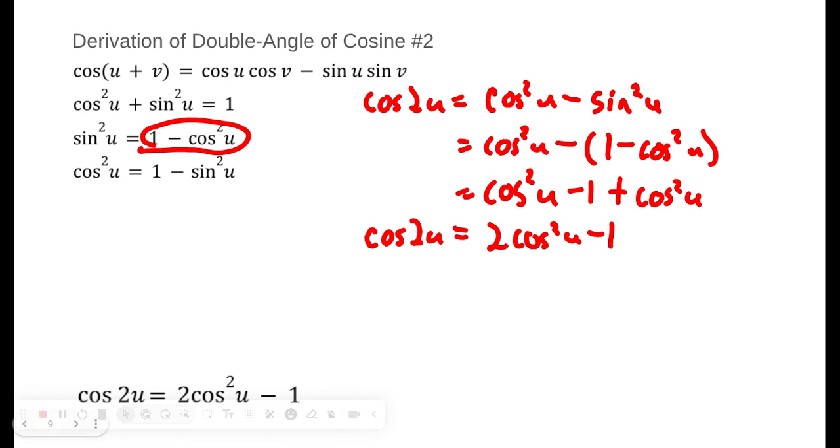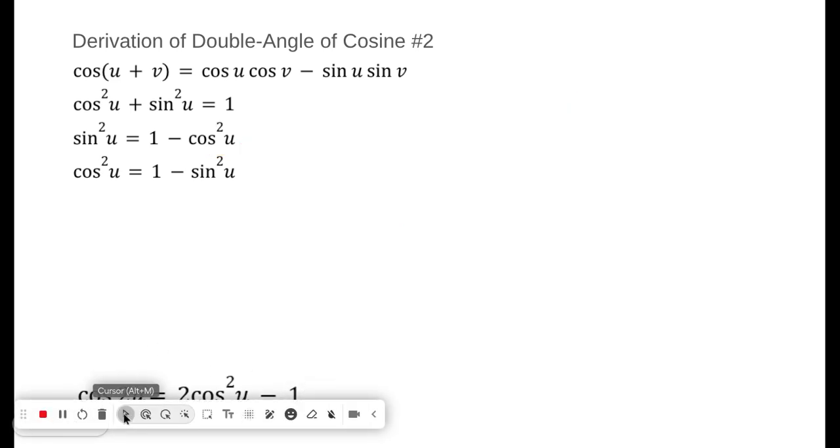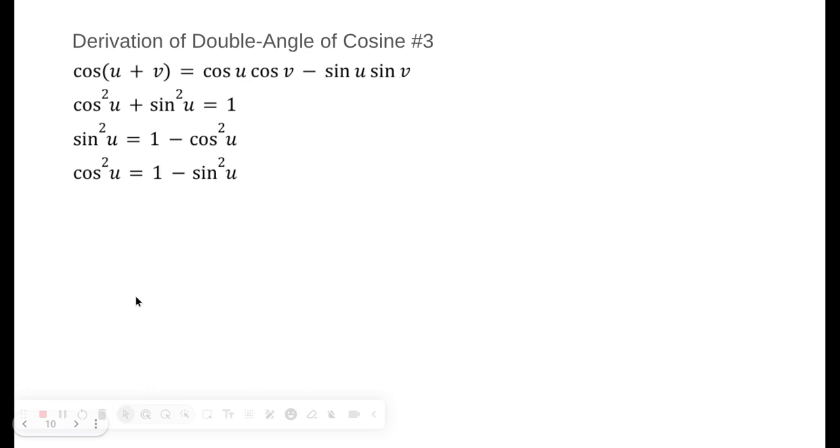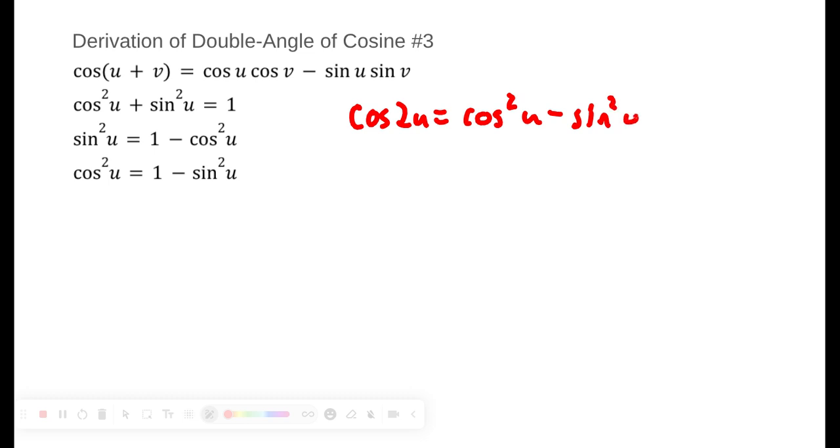And then we're going to do that one more time, where now we find the third one. So one more time we'll do the cosine of 2u equals the cosine squared of u minus the sine squared of u.